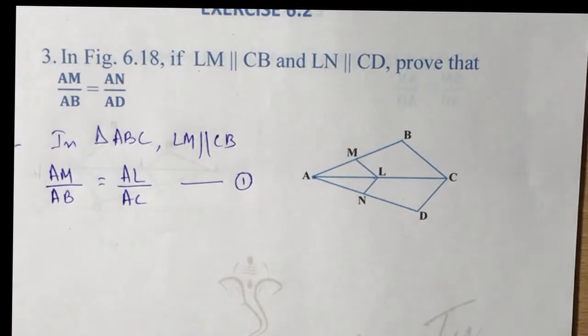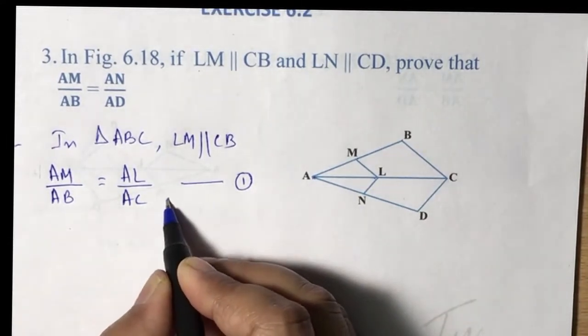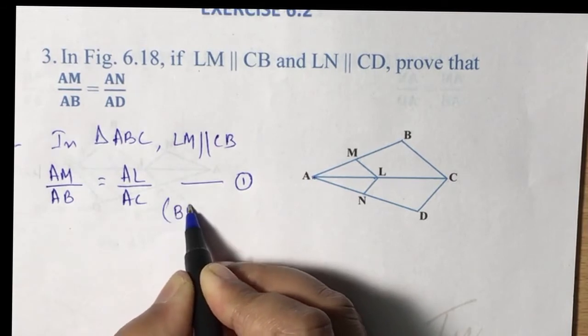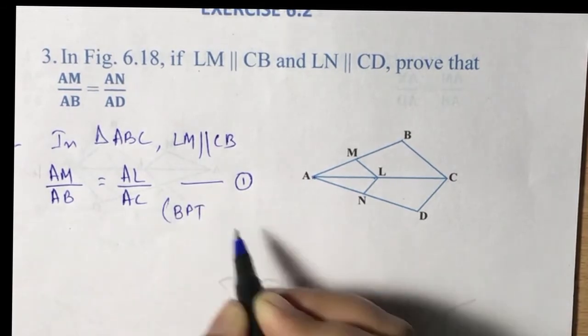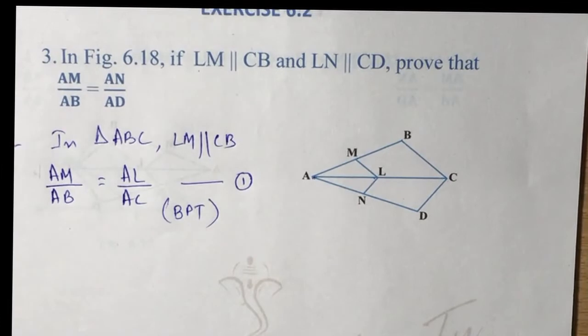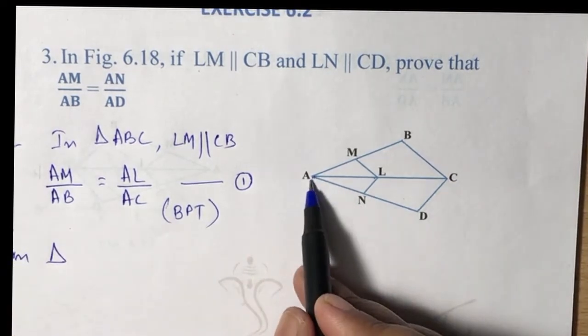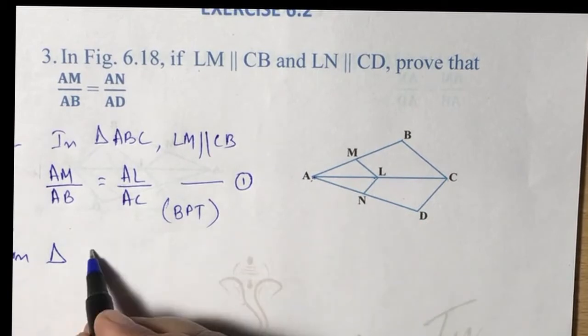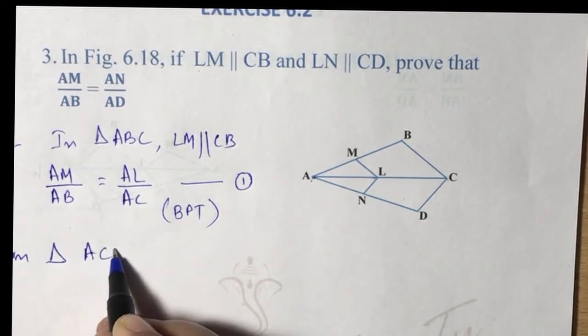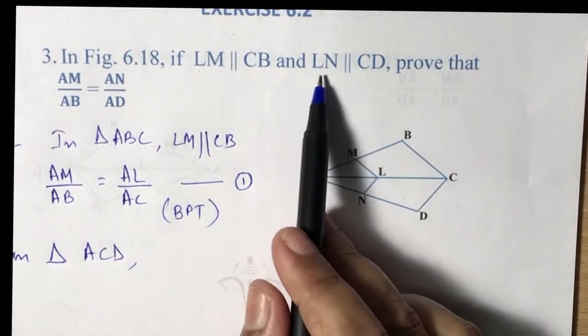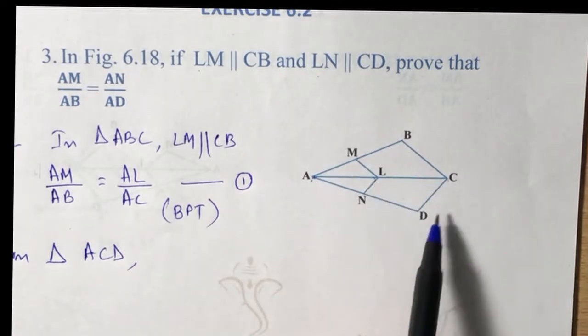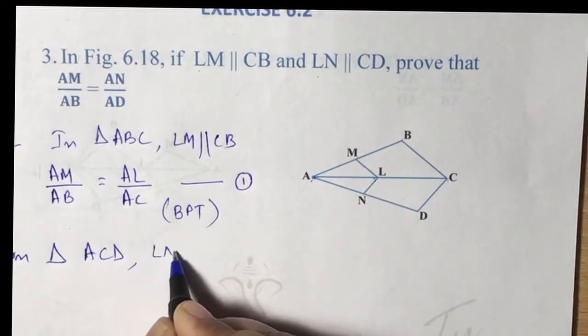Name it as equation number 1. And what is the reason? Reason is BPT. What is BPT? Basic proportionality theorem or the Thales theorem. Now, in triangle ACD, what do you know? LN is parallel to CD.